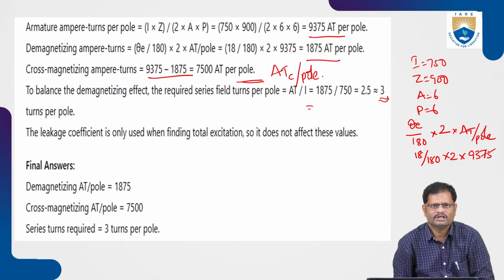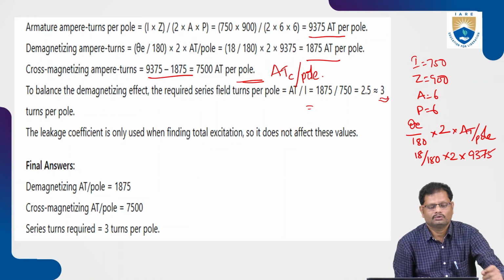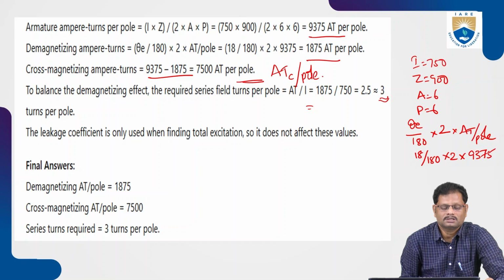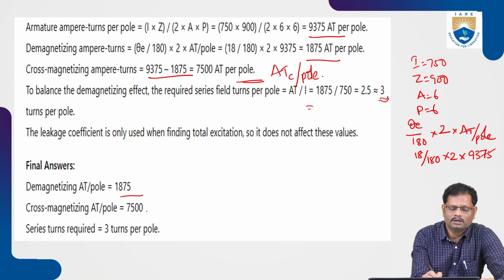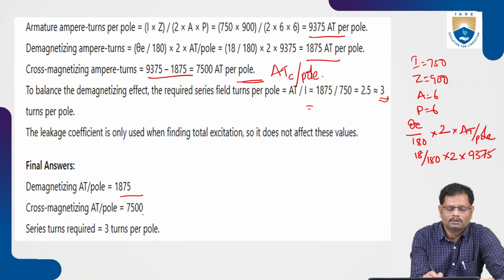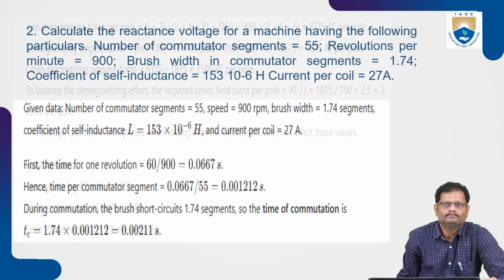And the leakage coefficient is only used when finding total excitation, so now it is not required. So it does not affect these values. So we have final answers as demagnetizing ampere turns per pole are 1875 and cross magnetizing ampere turns per pole are 7500 and series turns required are 3 turns per pole. So this is the problem related to the ampere turns per pole.